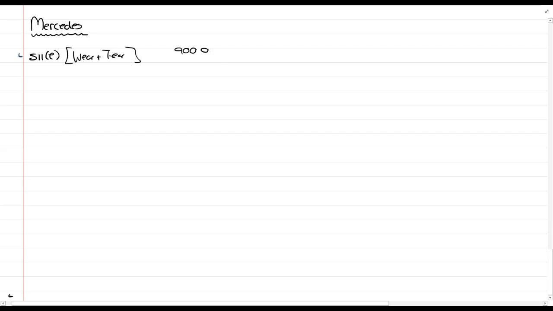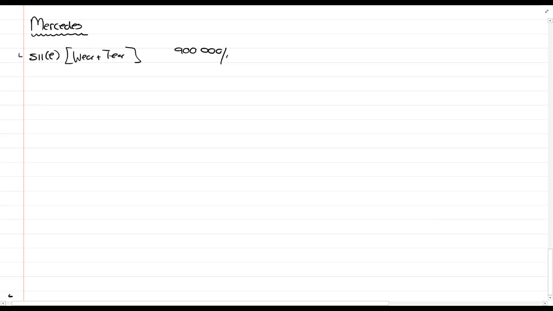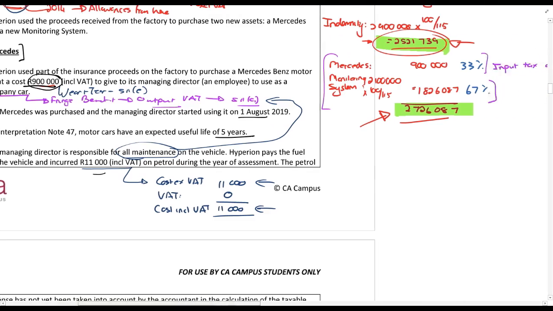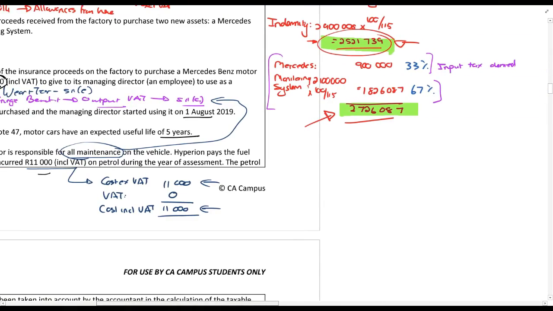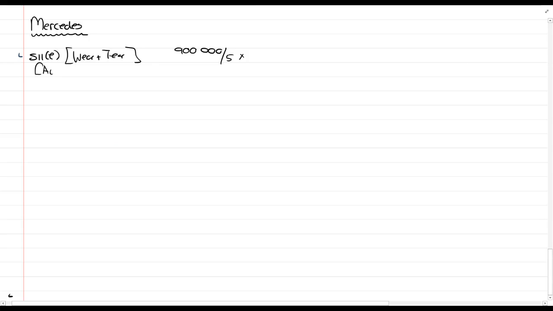It is 900,000, guys, that's the cost including VAT because input tax is denied. 900,000 divided by 5 years times, we had it from August until December: August, September, October, November, December. Okay, so that gives us 75,000.